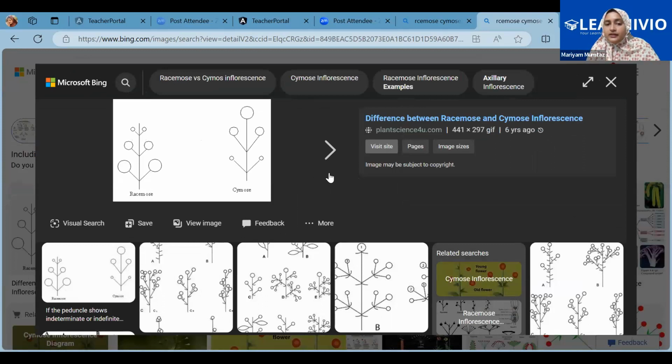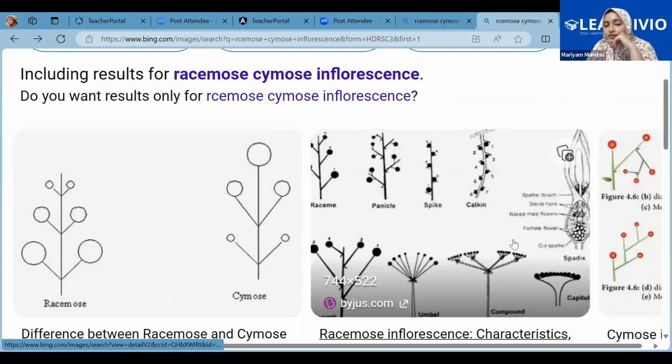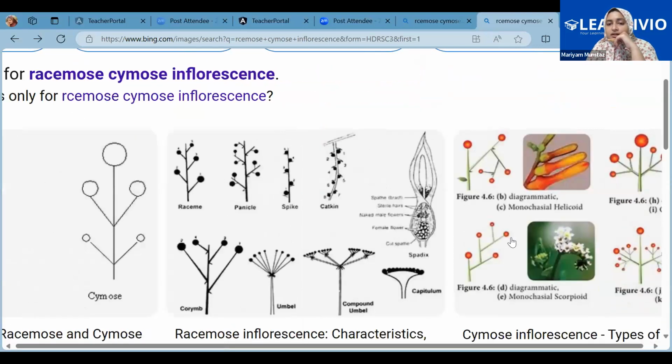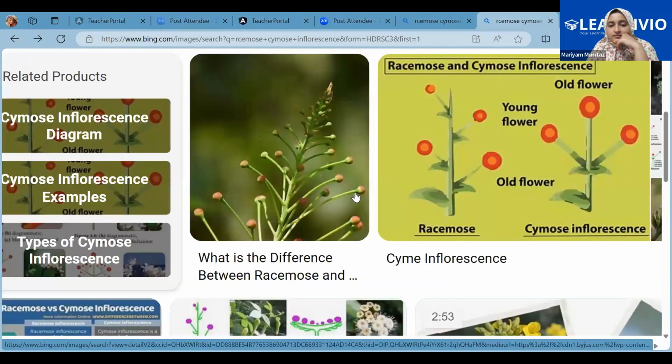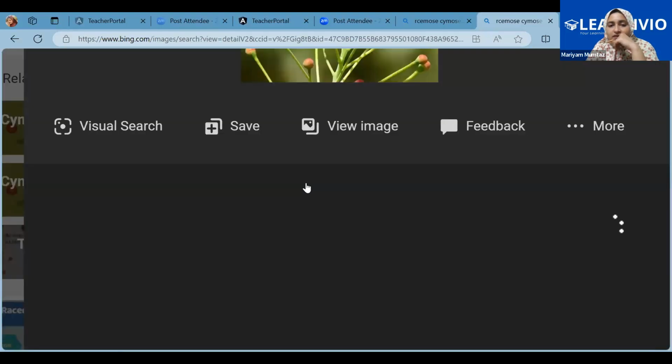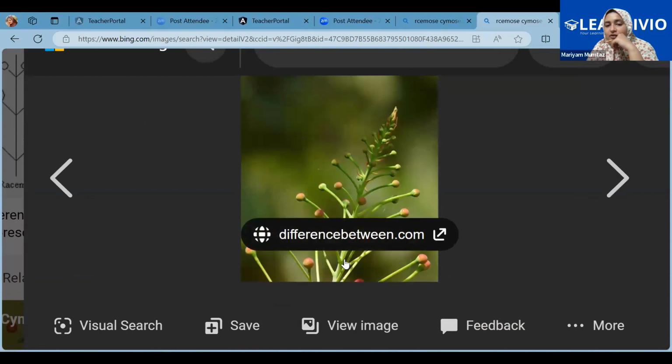Okay. Now let us see a real picture. There are multiple types of inflorescence, but that is not within the scope of your study. So we'll see the real picture. Now see this one. What do you think will be the inflorescence here?